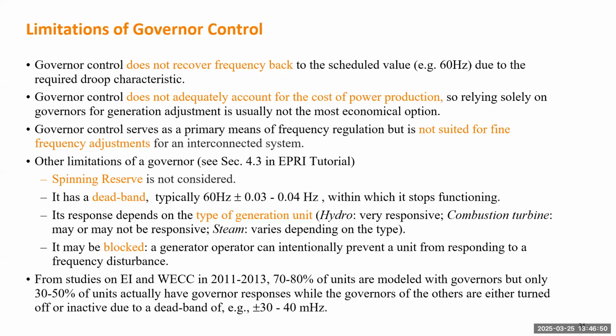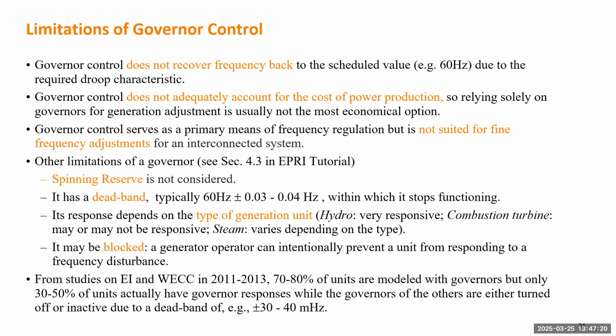And when they report everything to NERC, there's a working group, the MMWG, to create the model for the entire interconnection. So they have to assume the governor is there, but actually they don't know whether the operator intentionally turned off that governor for safety or security concerns for that generator. They don't know. They have to consider the most optimistic scenario, which is that all the governors are actually online.